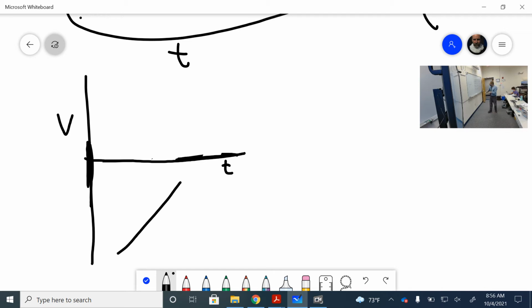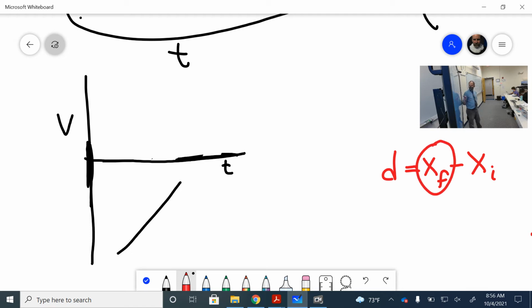Remember that negative displacement could be like if you started your cart on the opposite side of the sensor and moved it towards. So negative displacement just means we get closer to the sensor. It means the initial position is a bigger number than the final position.